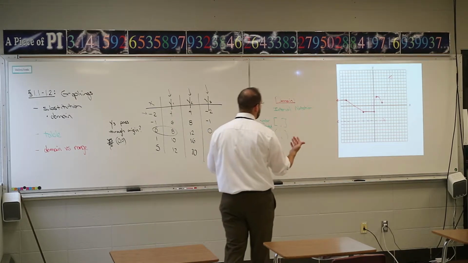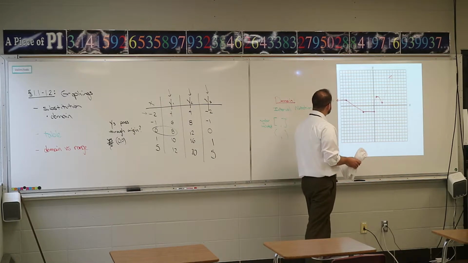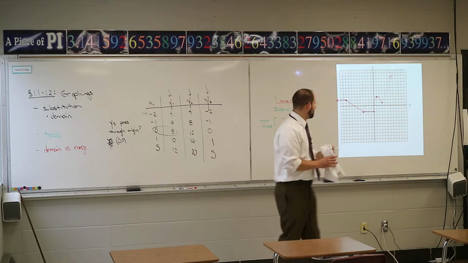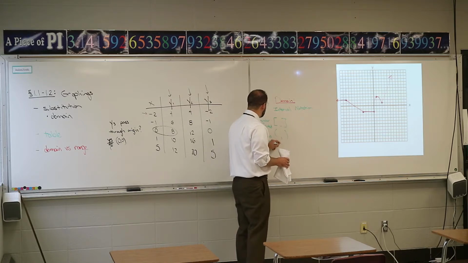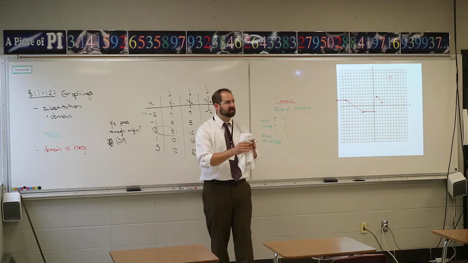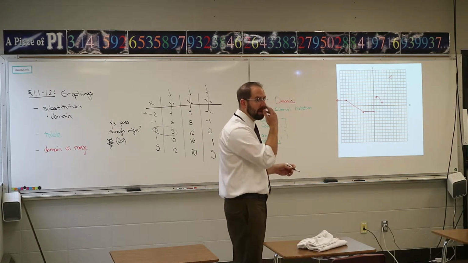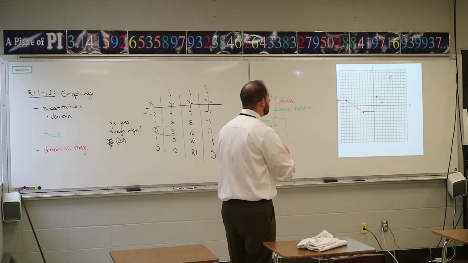If there's arrows on a graph, where you're going towards the left side there's an arrow or the right side there's an arrow, we'll use parentheses. This is anytime you have arrows or the number is not included. So there's an open circle or there's a gap where the graph suddenly stopped and started again, we'll use parentheses. And we mix and match these things together to give a sense of where the numbers go.